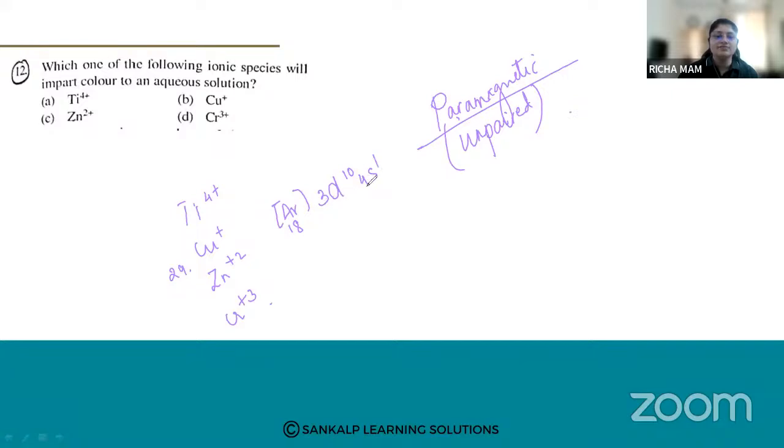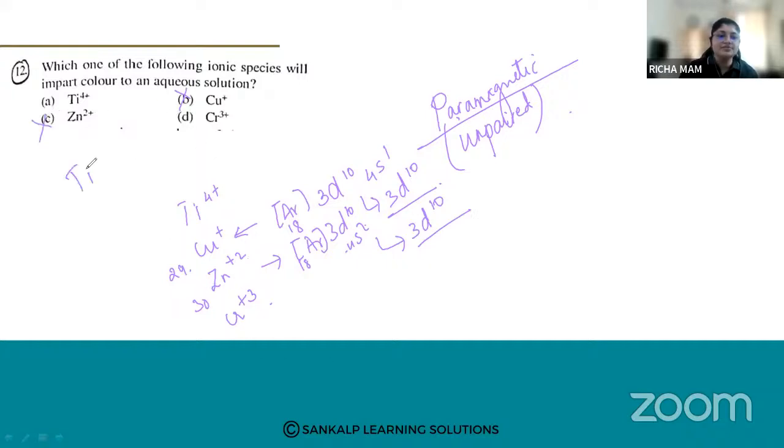Then copper plus means it is a 3d10 system. So all the electrons are paired, so it will be wrong. So copper plus is wrong. Then zinc is 30. It is argon 18, 3d10 and 4s2. After these two electrons are lost, it will be a 3d10 system. So here also it is wrong.